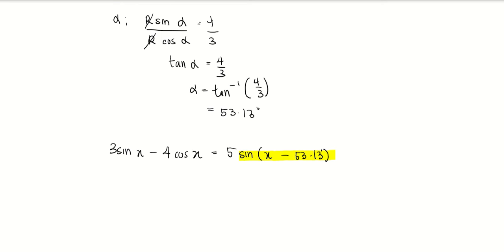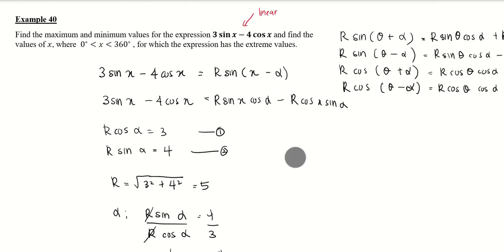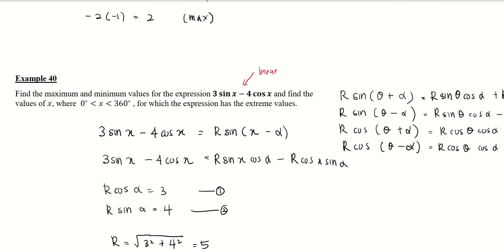So when sine is equal to 1, we get 5 times 1, which is 5, and then 5 times negative 1, which is negative 5. So the maximum value is 5 and the minimum value is negative 5. So that's how we find the solution for this question. So we get the maximum and minimum value.